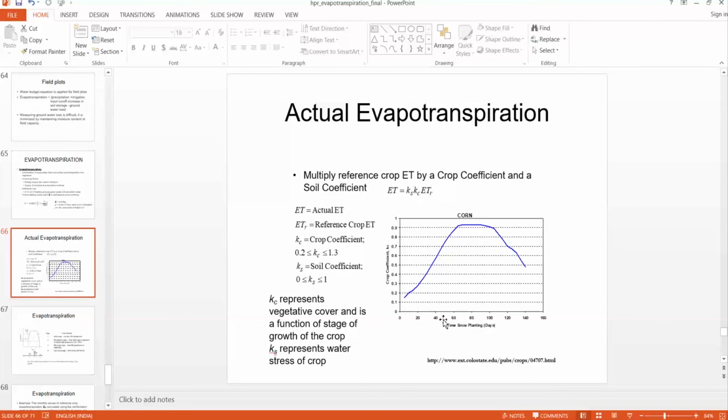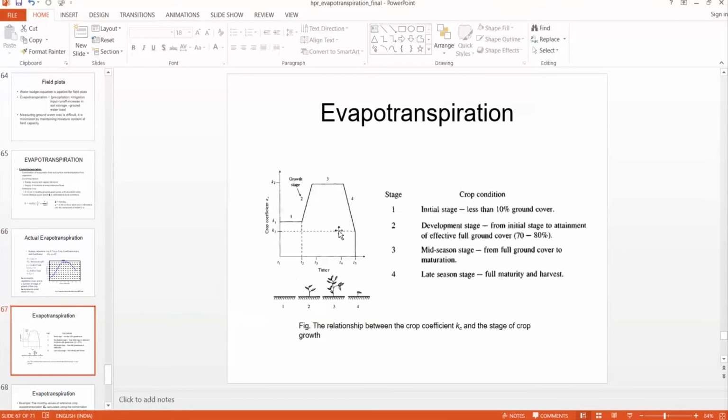So this is the KC value with respect to the growth of the plant.